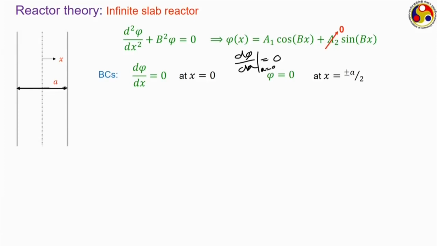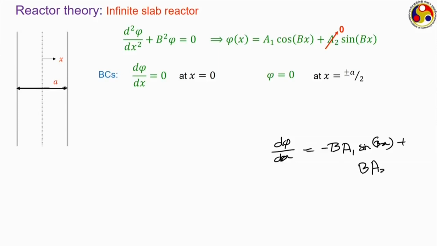this a2 has to be equal to 0, because the differentiation gives d phi dx equal to minus b a1 sin bx plus b a2 cos bx.